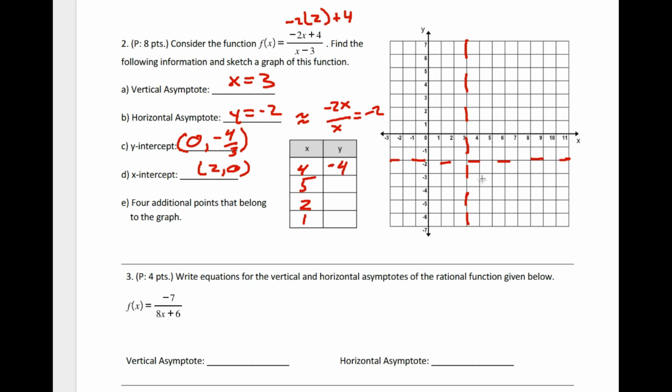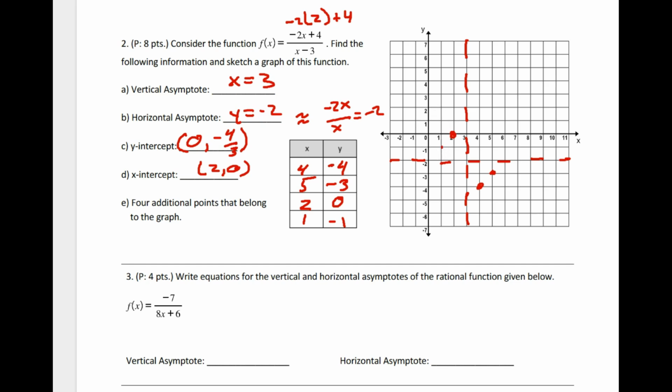So 4, negative 4 is right here. And when x is 5, the numerator is negative 6 over 2, which is negative 3. So that point is right there. When x is 2, we've already figured out that the function is 0. When x is 1, we get 2 over negative 2, which is negative 1.